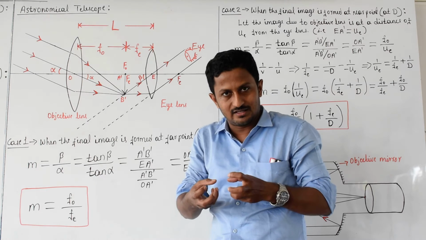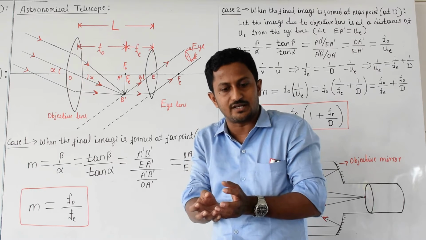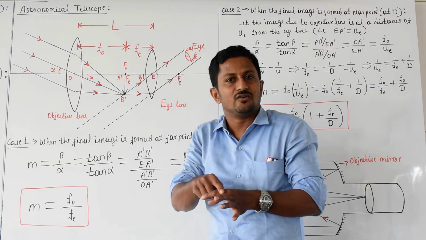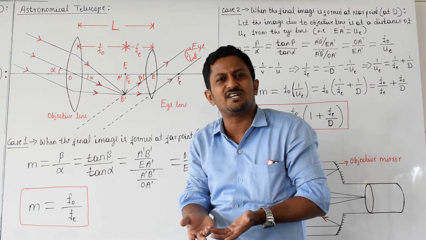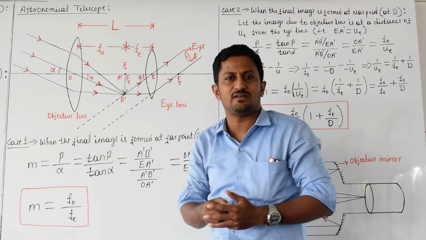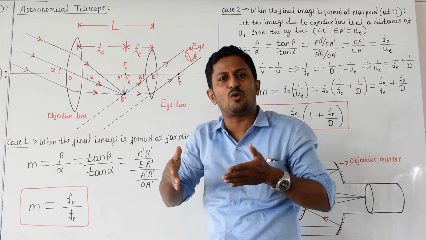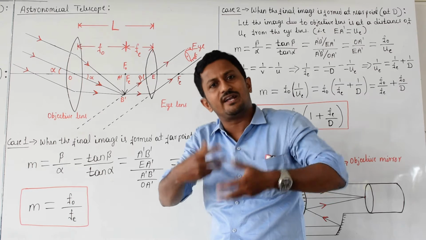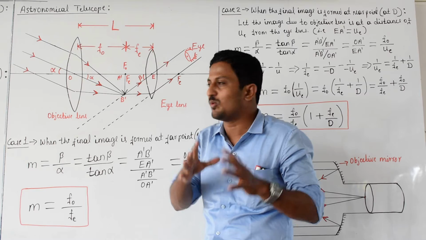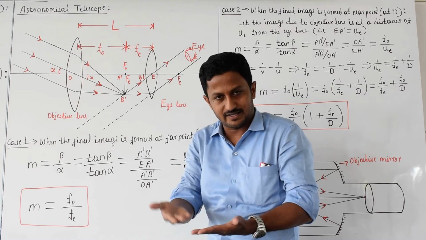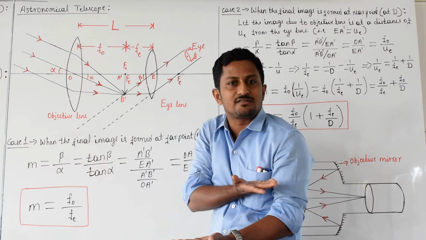To get light rays from that small object onto this lens, there is no need for a greater aperture. Why? Because the object itself is very small, within a small space, and all light rays coming from that small body are going to fall on that lens. If the object is small, there is no need to place a big aperture lens.